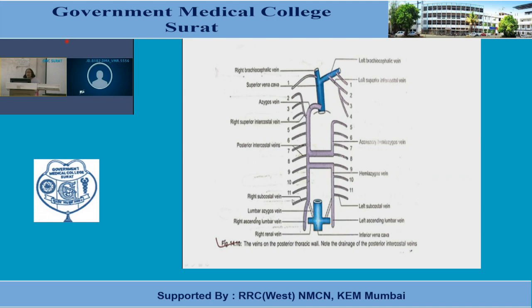Now the commencement of the azygous vein: you can see the lumbar azygous vein, right ascending lumbar vein, and here you can see the right subcostal vein. So the right ascending lumbar vein, lumbar azygous vein, and right subcostal vein, all three go to form the azygous vein, which runs upwards in its course and drains into the superior vena cava.